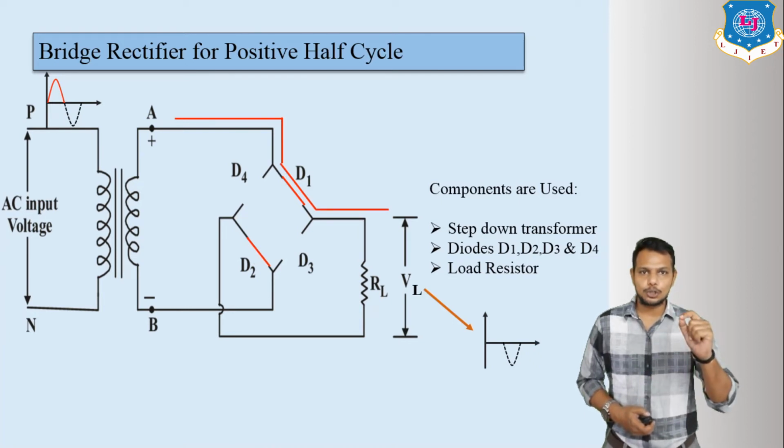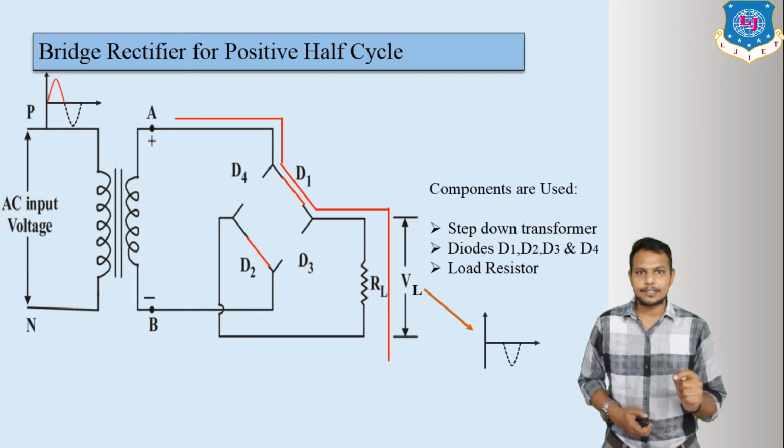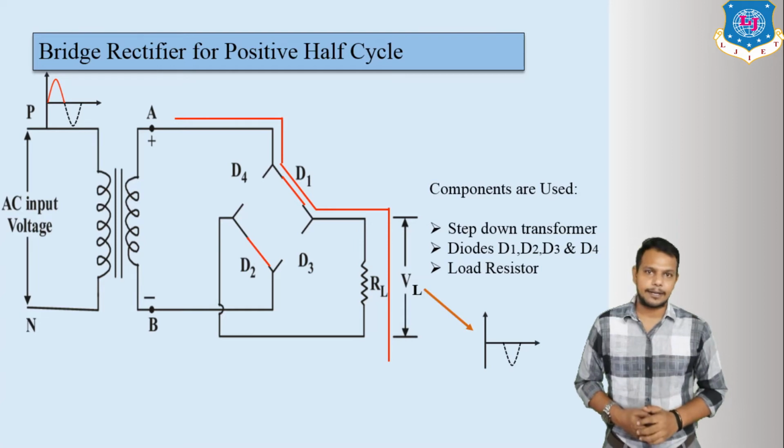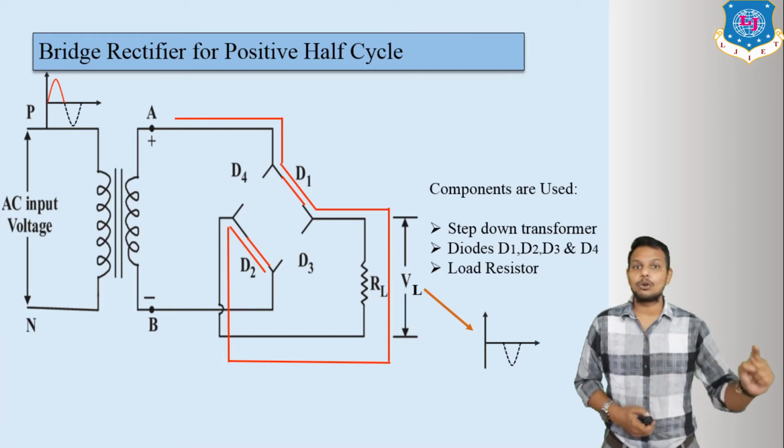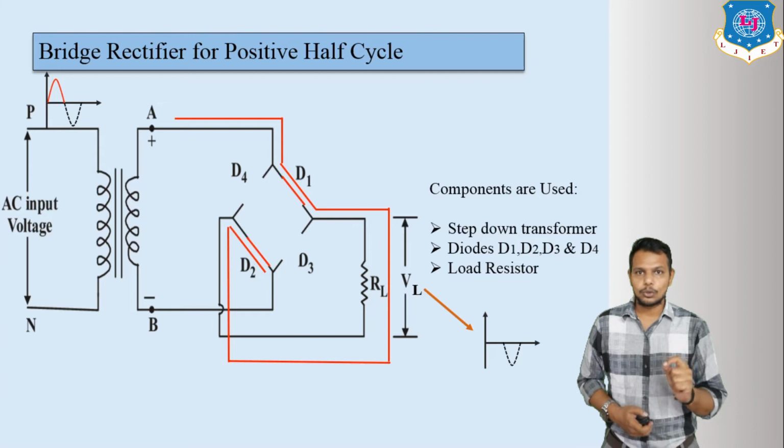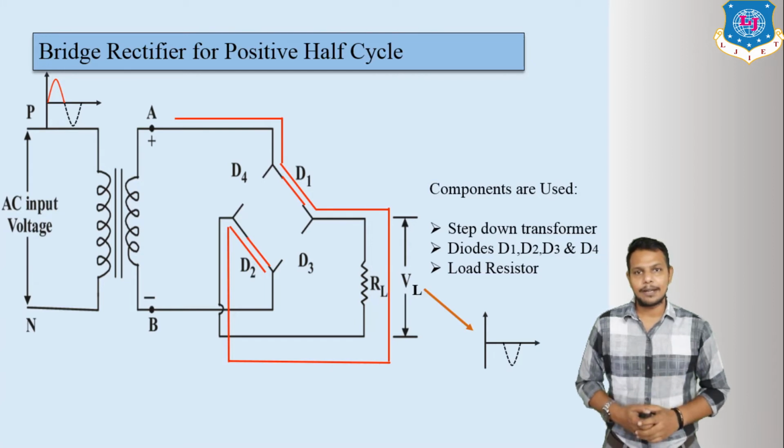Then it goes to the load resistance RL, and we have to find the output voltage across this load resistance RL. Now it goes through this terminal, and we can see it passing through diode D2 in the direction of flow of current. So D2 works in forward bias and goes to the negative polarity.